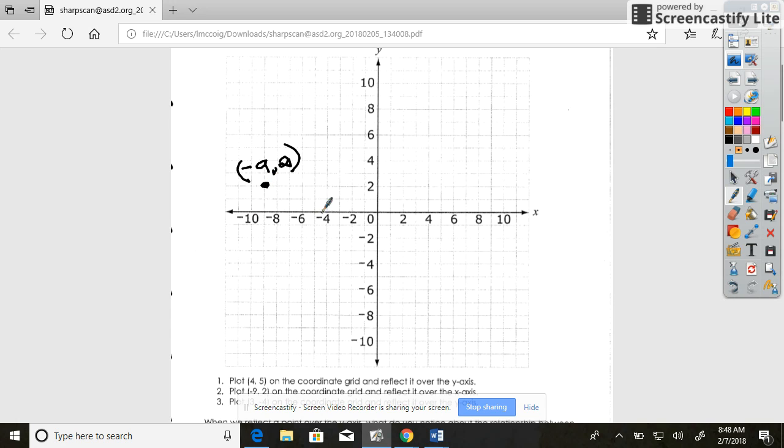So here's my x-axis, and I want to actually cross it. So instead of going up 2, I'm going to start at the x-axis and go down 2. And again, we want it to be on the same line so that they look the same. So my new point is at -9, -2.